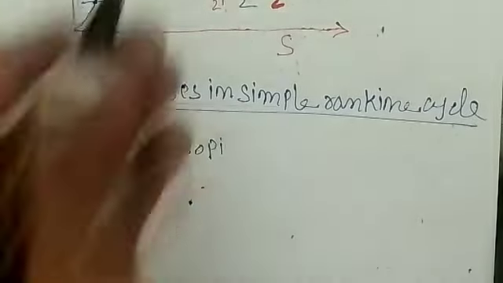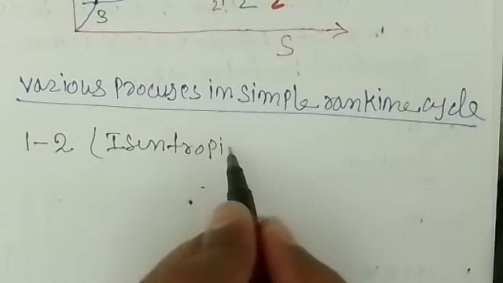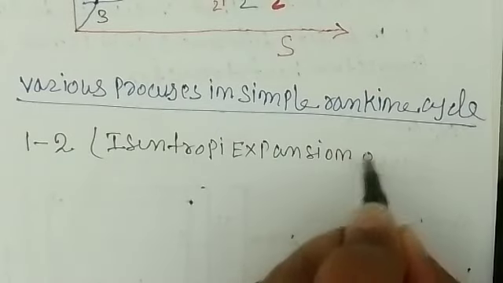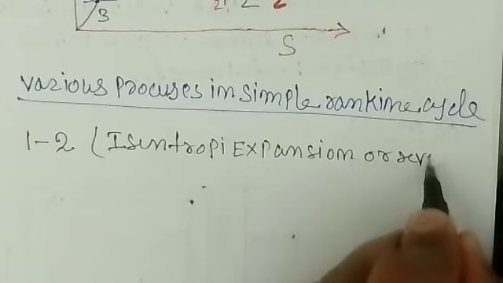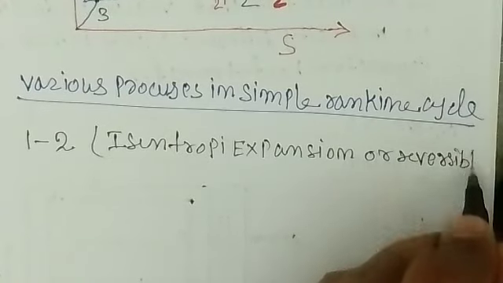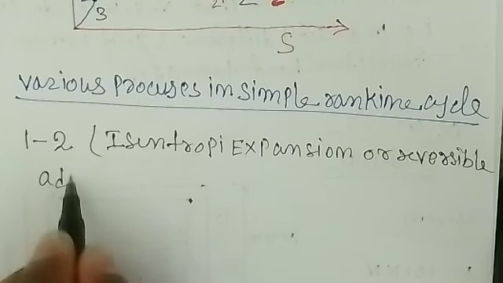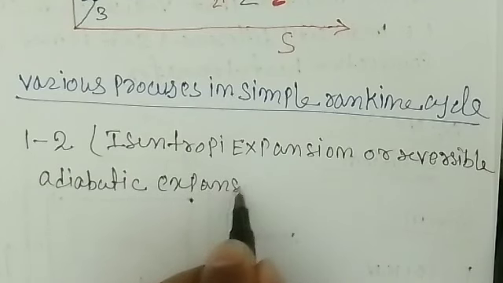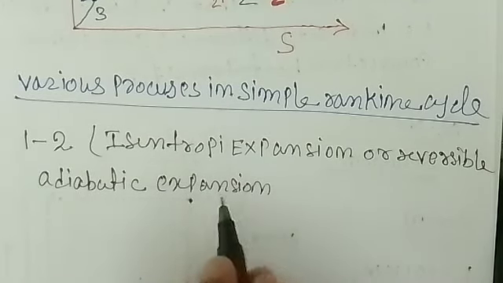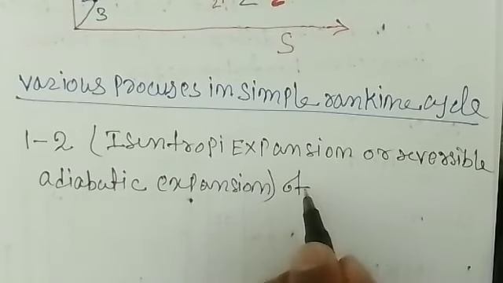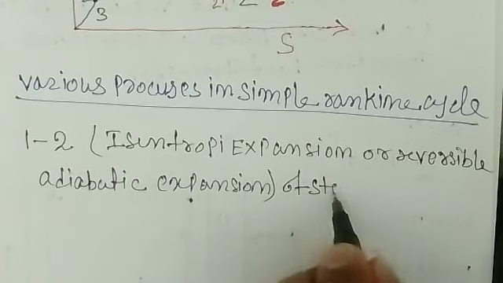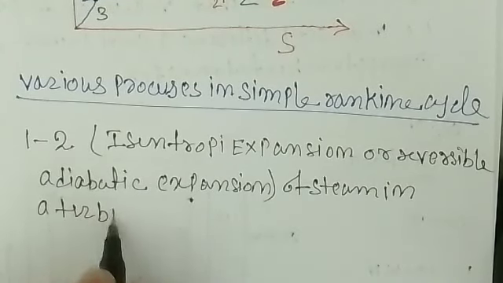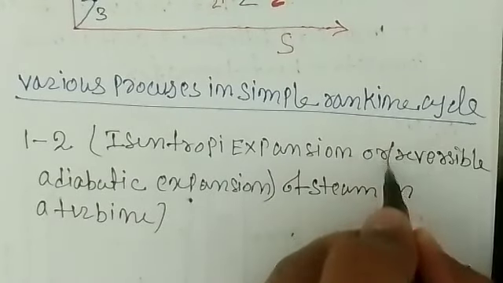We are not discussing the actual; in ideal only we have seen the isentropic expansion, or you can also say reversible adiabatic expansion, where you are expanding the steam in a turbine, right? In a turbine. So this is like this.